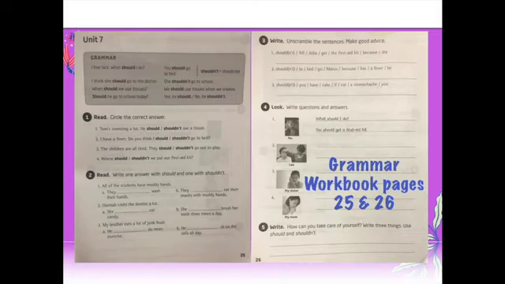All of this is about the first grammar that we saw in this unit when we have to use should. Okay? Acuérdense, should cuando estamos dando una sugerencia o un consejo. Okay? So please, guys, do these 2 pages as homework. Teacher Daniel and I trust that you are doing your homework honestly. Okay?